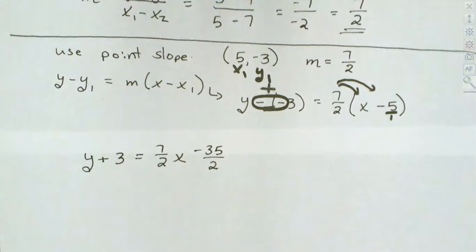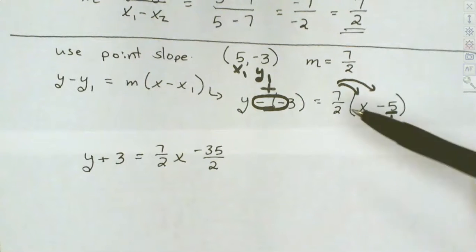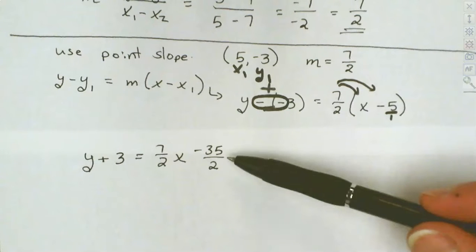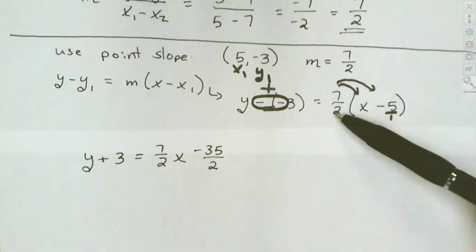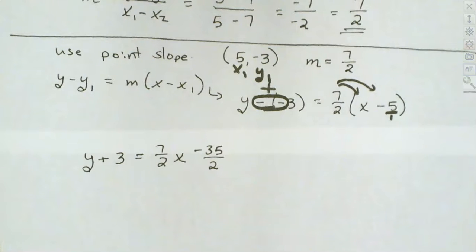Is everyone okay with how I got rid of those fractions? Just make that negative 5 a negative 5 over 1, and then just multiply. 7 times that negative 5, that makes that negative 35. 2 times that 1 down below makes it a 2 below. Now, we do want this in standard form, so can we have fractions in our standard form? Nope.